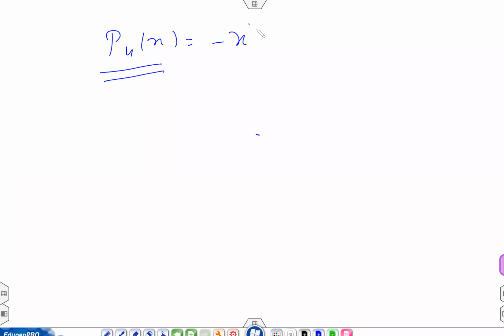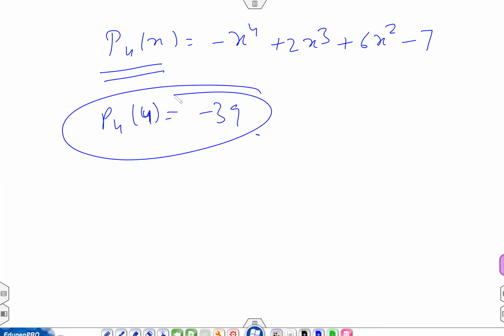So the new polynomial is minus x^4 plus 2x^3 plus 6x^2 minus 7. Now you want to check whether it is correct or not. You can check the value P4(4). If you put x equal to 4, the value is coming out to be minus 39. You can verify it.